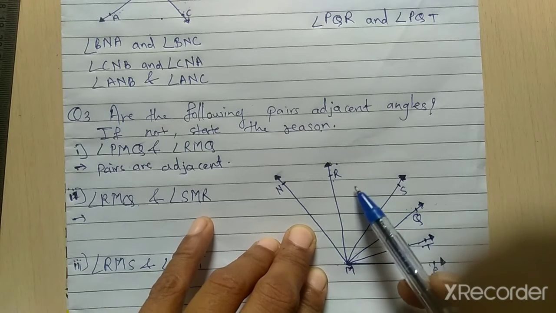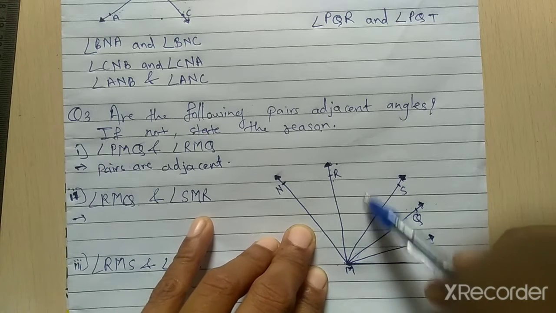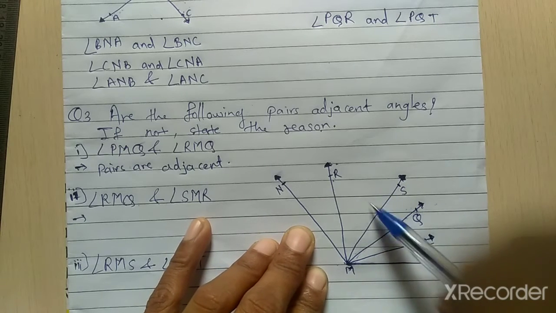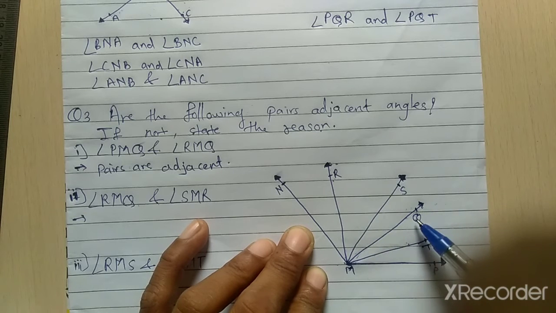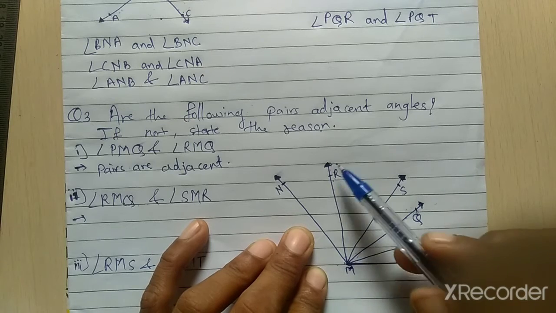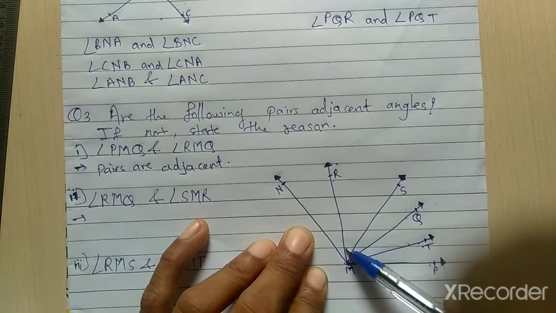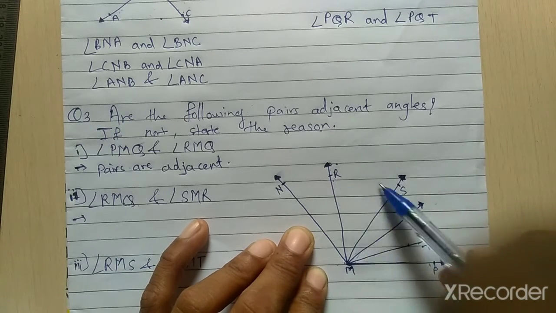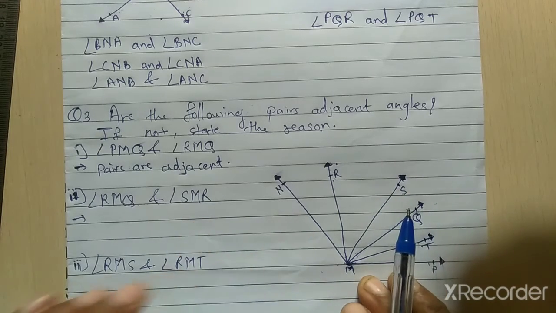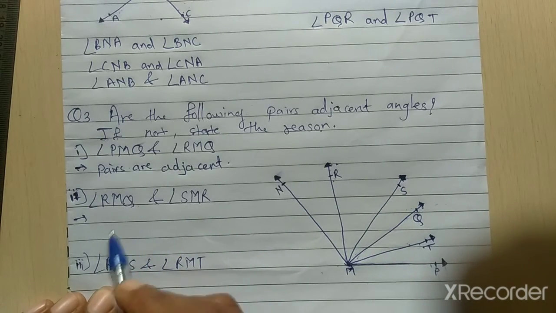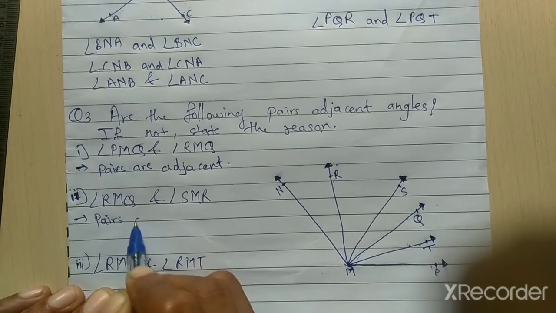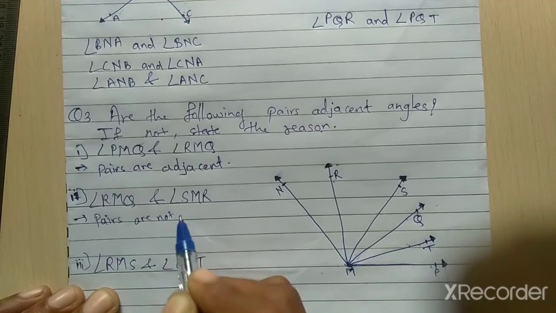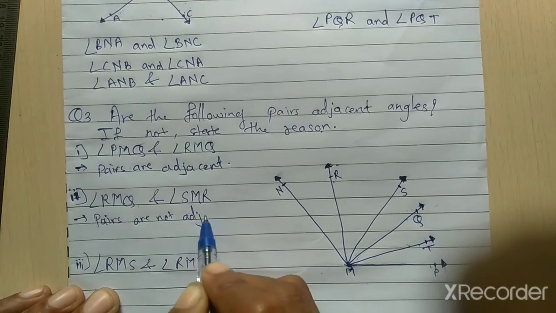So this is the interior, the same interior belongs to both. These two angles, R, M, Q and S, M, R, this part is the same. So because of that, this pair is not adjacent. So the pairs are not adjacent.